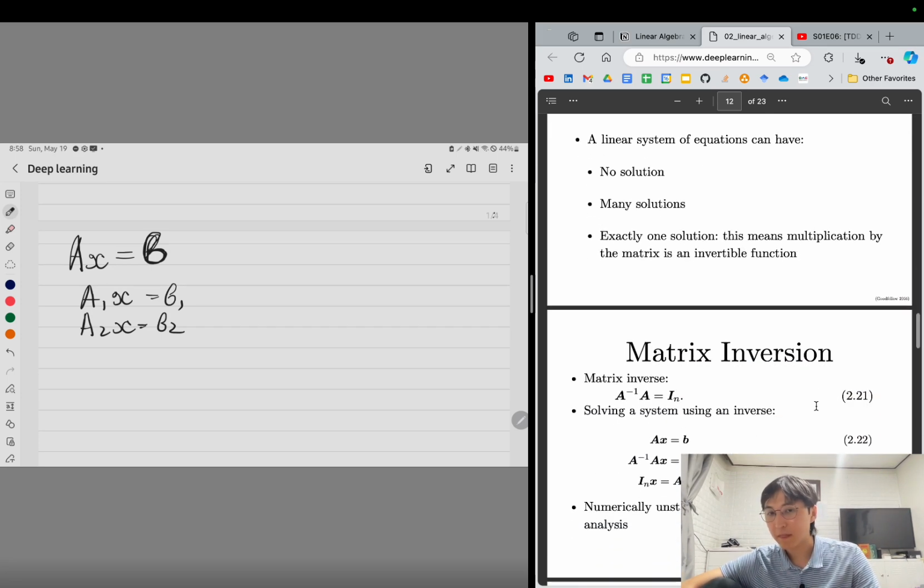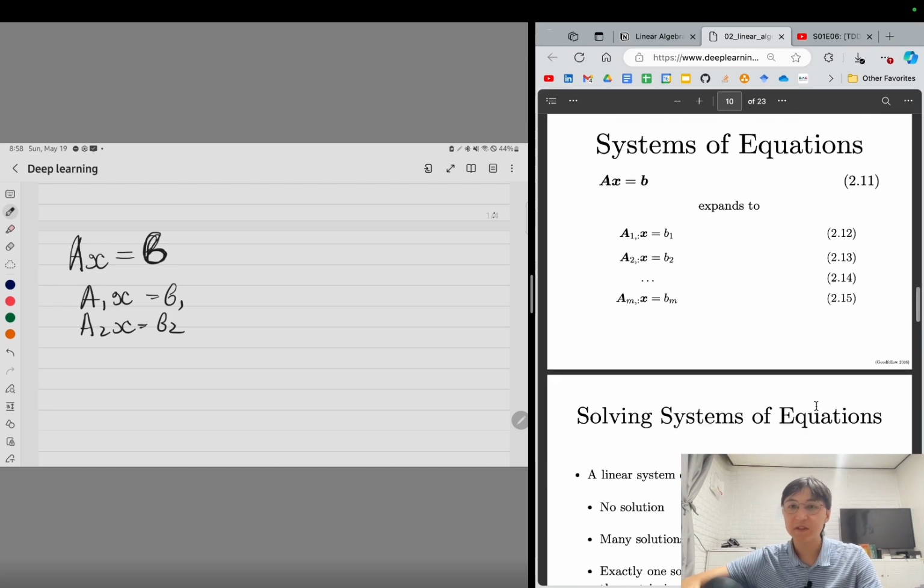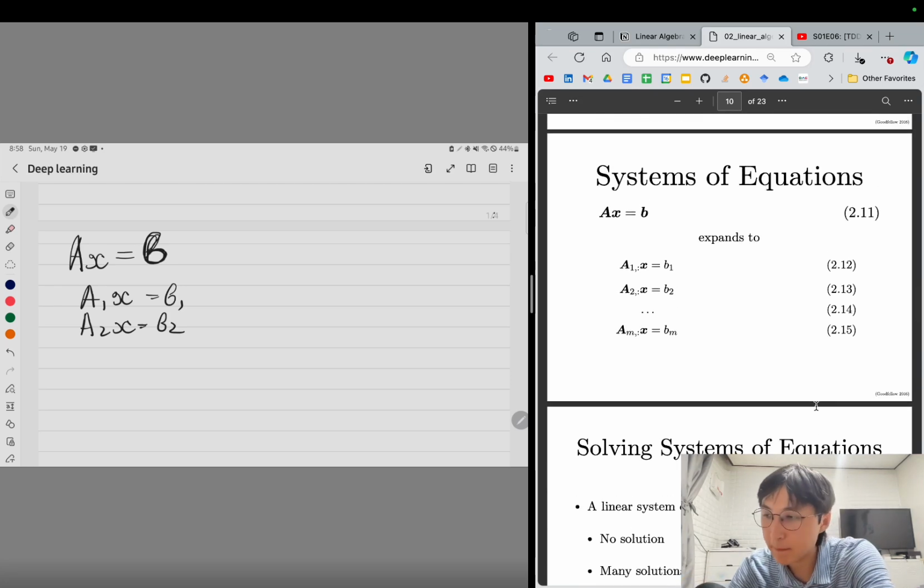And why are we using the matrix inverse? We call it A minus 1. It's sometimes very expensive to calculate the inverse of a matrix.